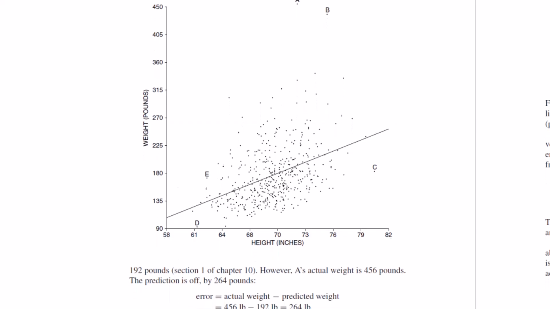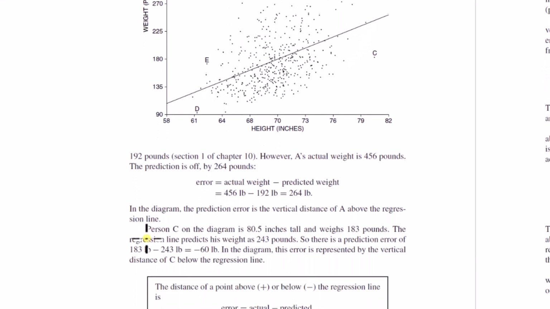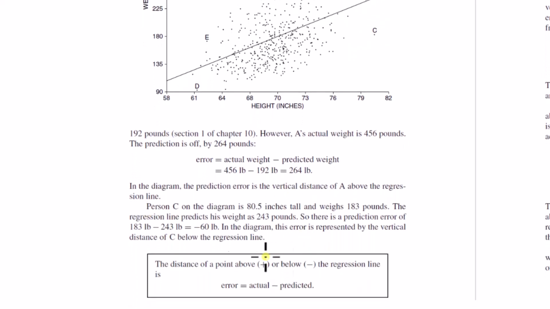Not the input variable. You're not trying to predict that. That's exactly right. So the distance of a point above or below the regression line, that's the error. This could be positive or negative. You could think about this as the regression error, to be more specific. You could define any kind of error you want, but we're talking about the regression error here.